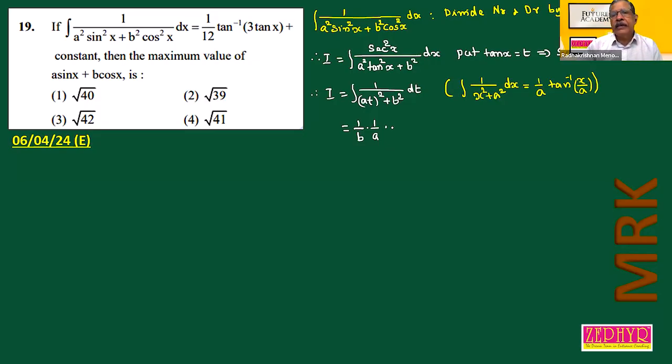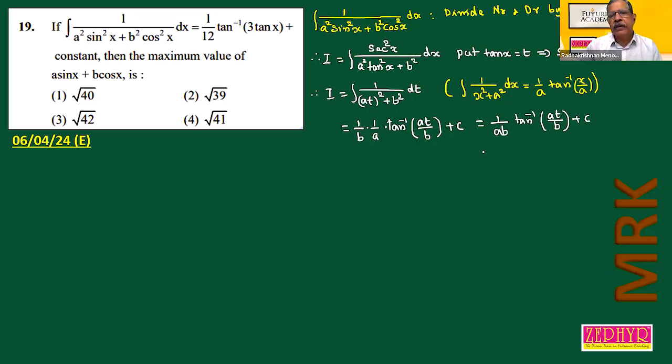Now, tan inverse: in the place of x, you have got at, in the place of a, you have got b, plus c, which is equal to 1 by ab tan inverse at divided by b plus c.